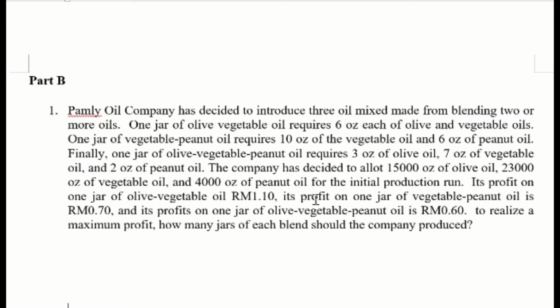Its profit on 1 jar of the vegetable peanut oil is 0.7 ringgit, which is 70 cents. And its profit on 1 jar of olive and vegetable peanut oil is 60 cents, which is 0.6 ringgit. To realize the maximum profit, how many jars of each blend should the company produce?